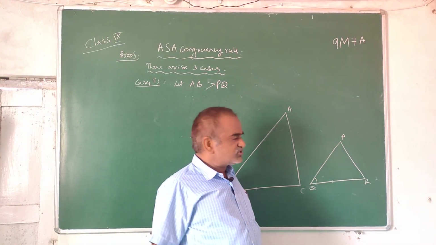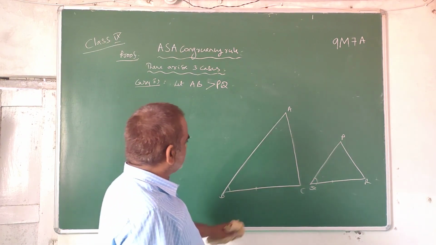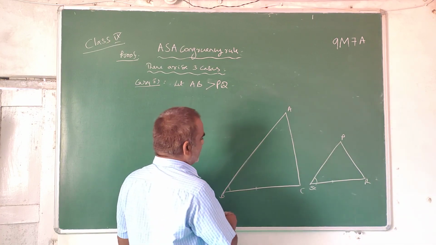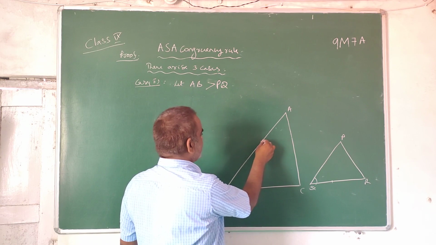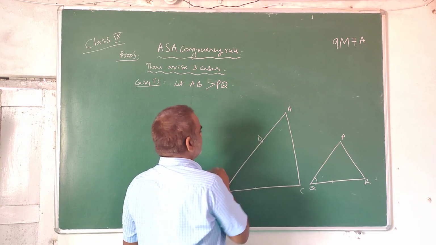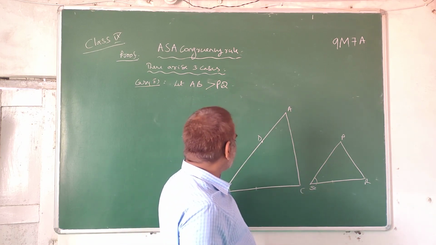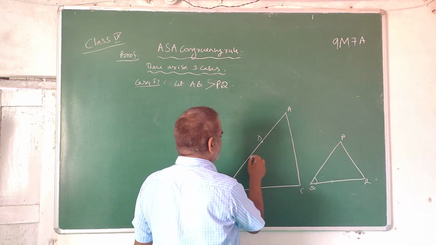Now in case 2 we are assuming that AB is greater than PQ. See the diagram. So when AB is greater than PQ, you can find a point on AB, say that point is D. You can find a point D on AB so that BD is equal to PQ.